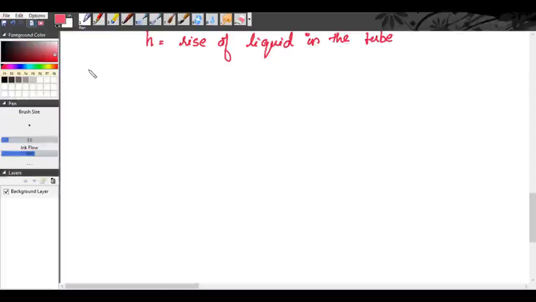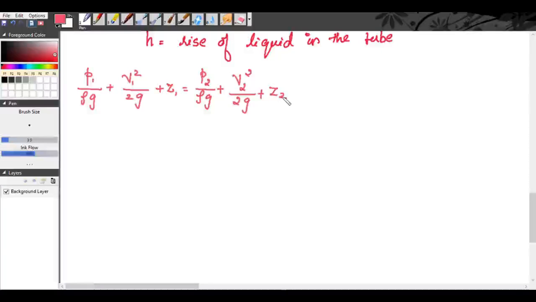By applying Bernoulli's equation, we get P1 by rho g plus V1 square by 2g plus Z1 is equal to P2 by rho g plus V2 square by 2g plus Z2. Since points 1 and 2 are taken at the same level, Z1 will be equal to Z2, so you can cancel them.